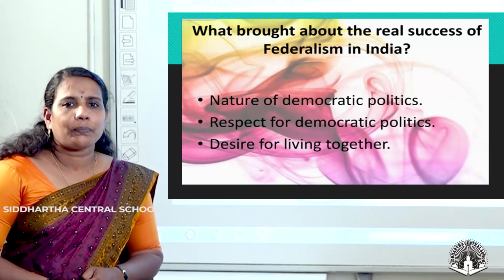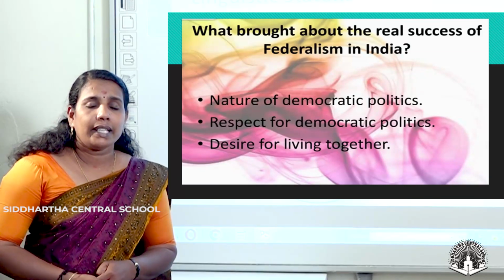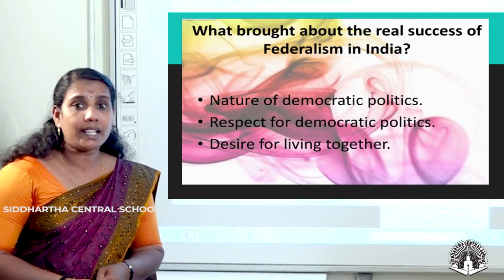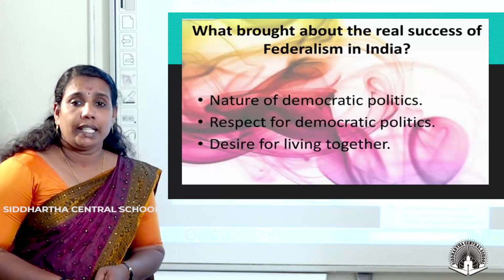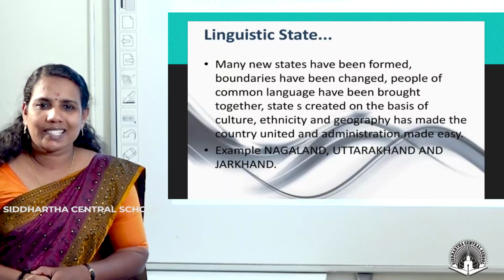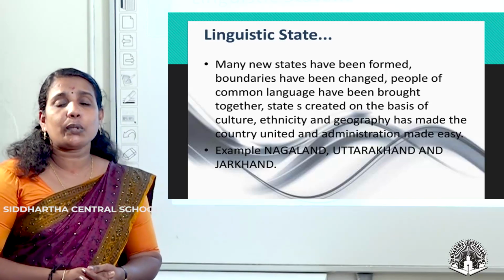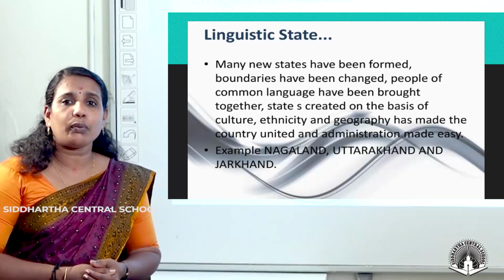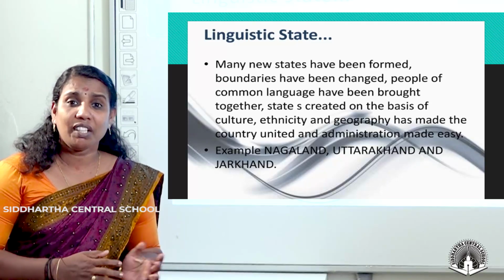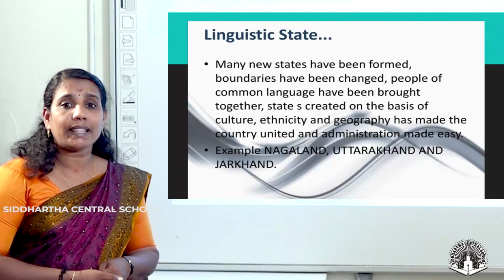We can see that when we started our journey in the year 1947, the boundaries of our states were changed a lot when we compare the map of India in 1947 with the recent map.